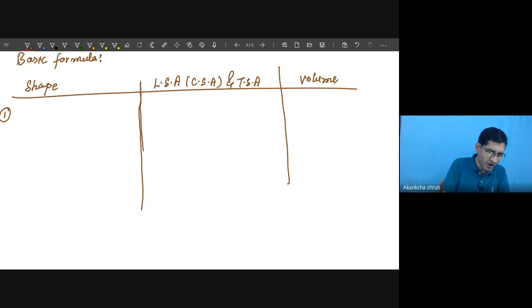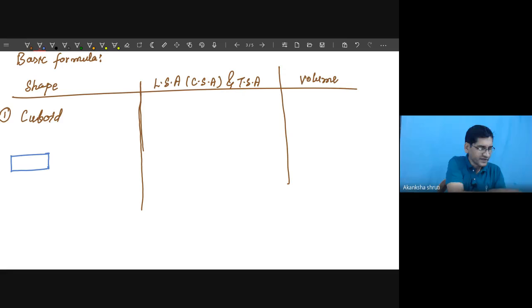So students, recall your very basic shapes. It was our cube and cuboid. It was starting with that one. So let us consider the cuboid first. Everyone has known since class 9th that if we take a rectangle like this, and this rectangle has length and breadth, now if you place one rectangle over another, it will gain some height and form a shape called cuboid.